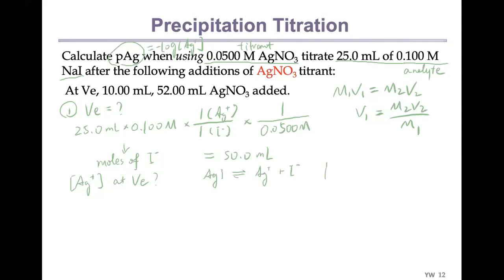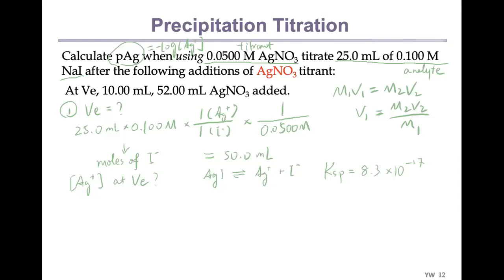Now, if I give you the KSP, which is 8.3 times 10 to the negative 17, how do you calculate the concentration of silver? You do KSP divided by the concentration of iodide. Well, how do you calculate the concentration of iodide? Professor, if you're at VE, don't you just square root the KSP? Yes, that's what I'm asking for, right?